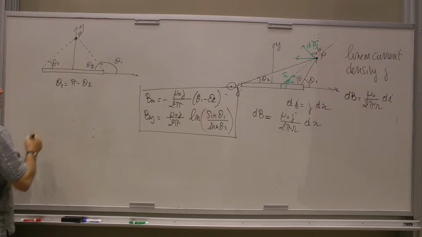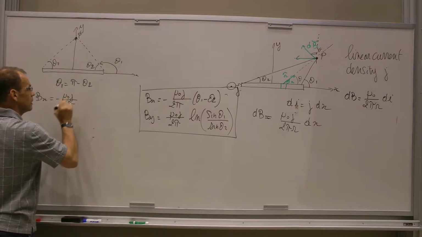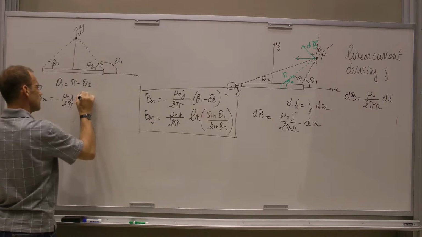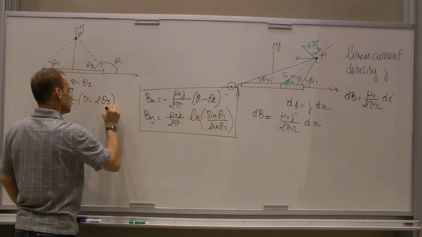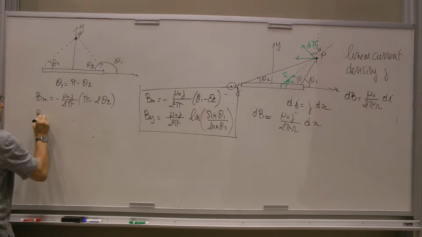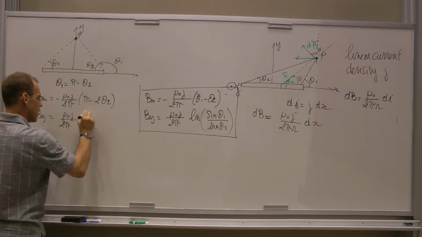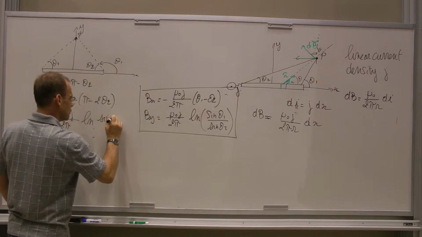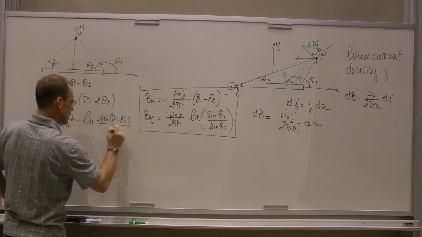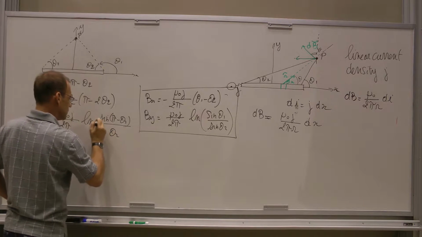So we can introduce inside the expression for Bx, negative mu 0 j divided by 2 pi, theta 1, pi minus theta 2, minus theta 2, minus 2 theta 2. And what happens for By? Well, we have mu 0 j over 2 pi, ln of sine theta 1, which is pi minus theta 2, divided by sine of theta 2.